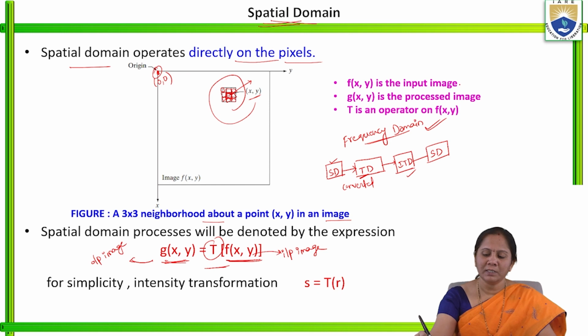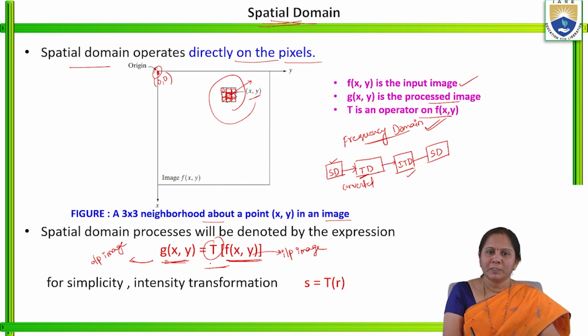So f of x comma y is called the input image, g of x comma y is the output image, and T is the transform or operator that we apply on the input image f of x comma y. The same expression can be simplified as S equals T of R, where S is equal to g of x comma y, whereas R is equal to f of x comma y.